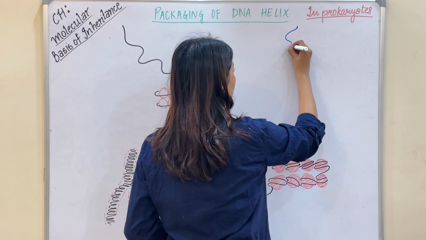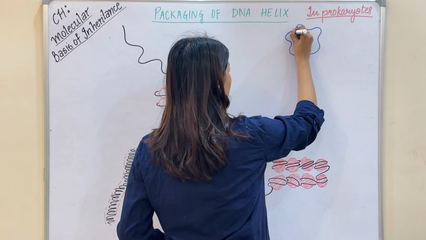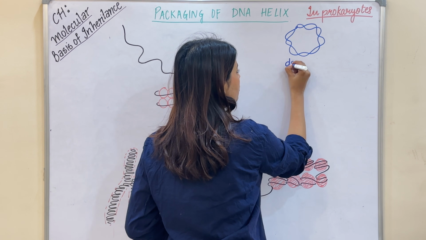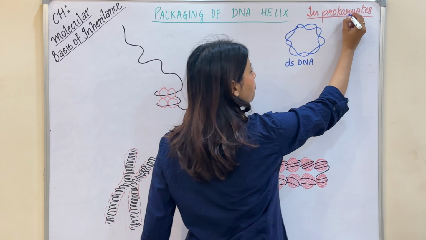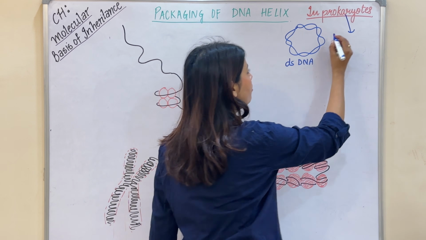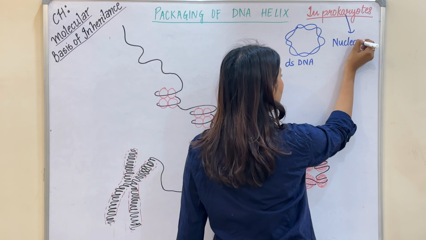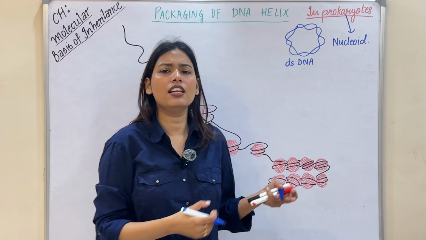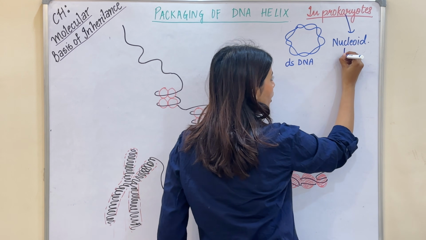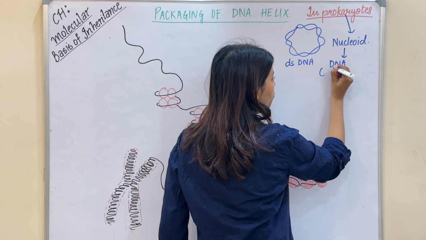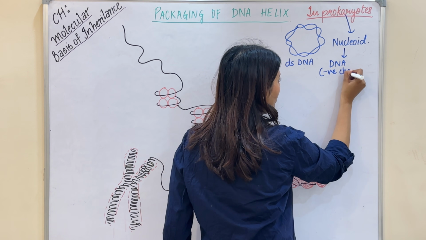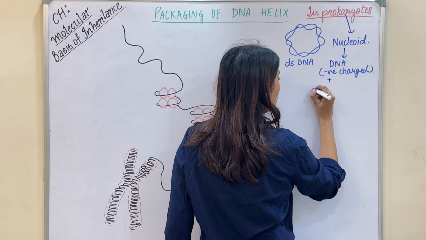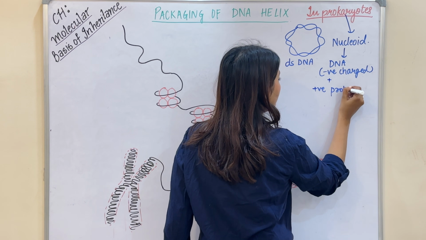So I'll draw a double-stranded DNA. And we are aware that prokaryotes don't have a nucleus. They have a nucleoid. So they don't have a proper nuclear membrane and the DNA is present in a naked form. The nucleoid consists of DNA which is negatively charged. DNA is coiled with a few positively charged proteins.